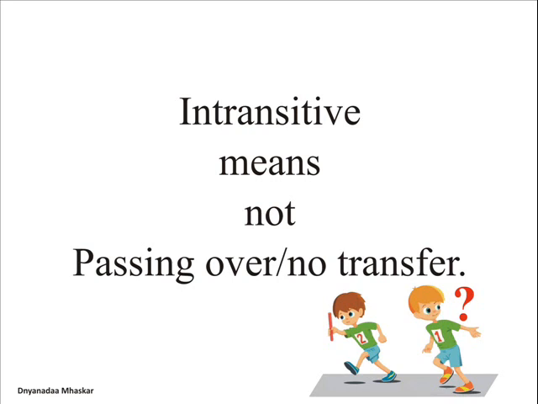So in intransitive, what do we observe? We observe that the verb doesn't need an object as the verb is complete in itself. And most important thing, as the verb is complete in itself, it doesn't require an object and hence it is an intransitive verb.